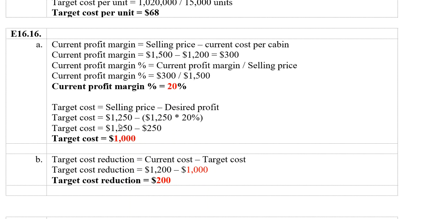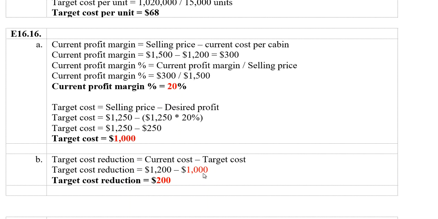Well, you can do that by taking your new selling price and subtracting out 20% of that new selling price. And that, of course, is going to be $1,000.